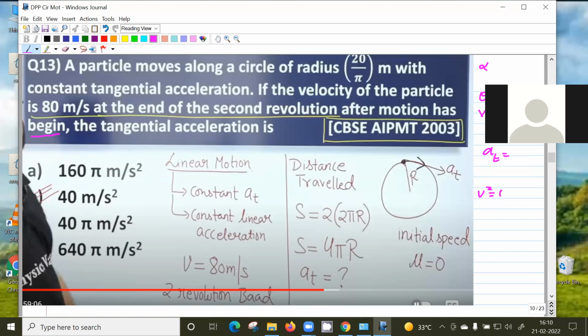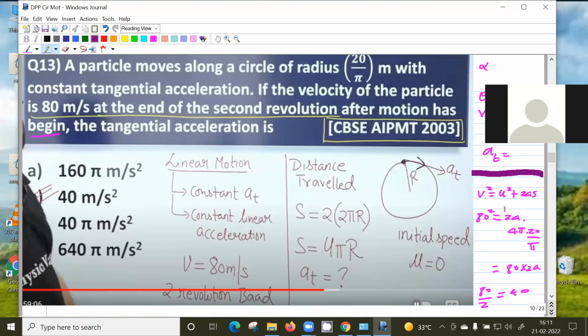So if you use v square equal to... so got it. 1 minute, sir. 8 into t square will be 5.